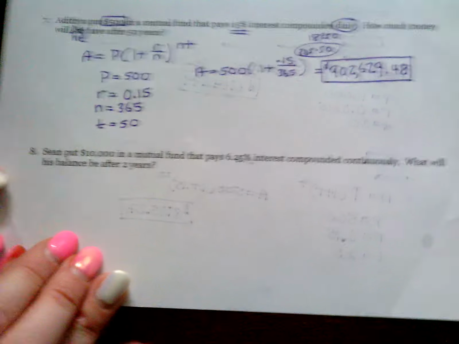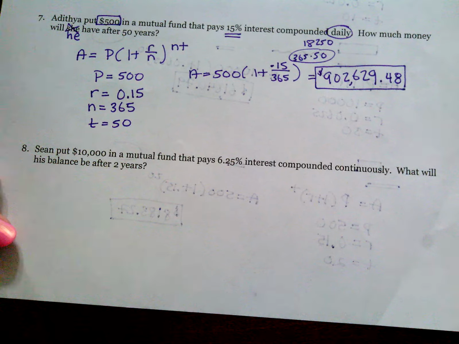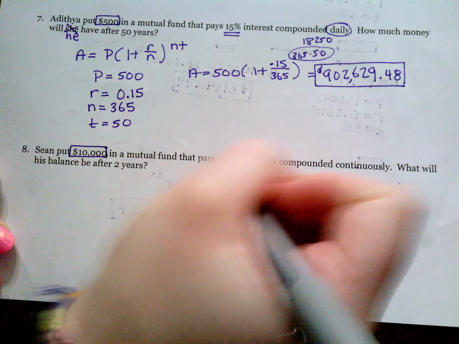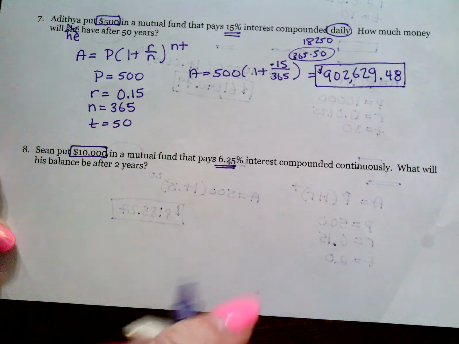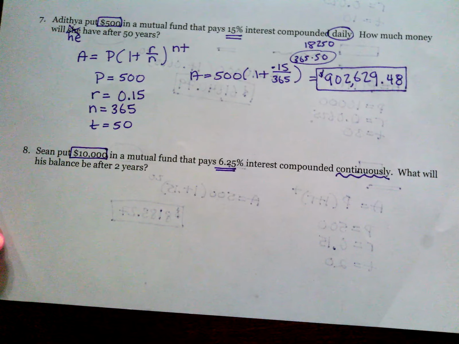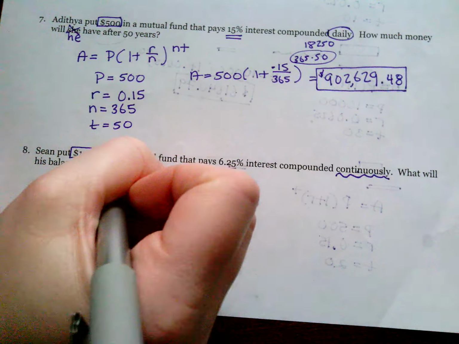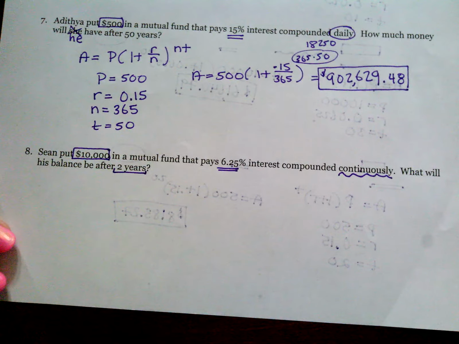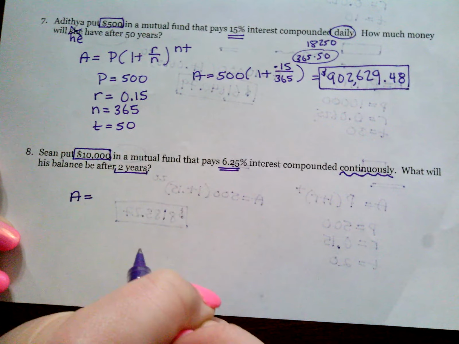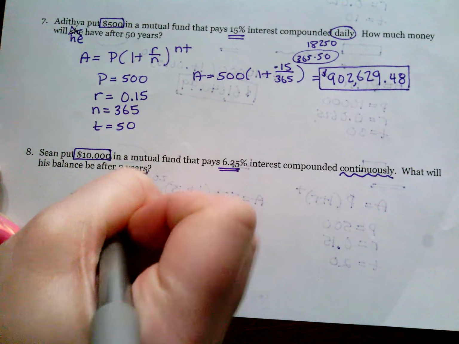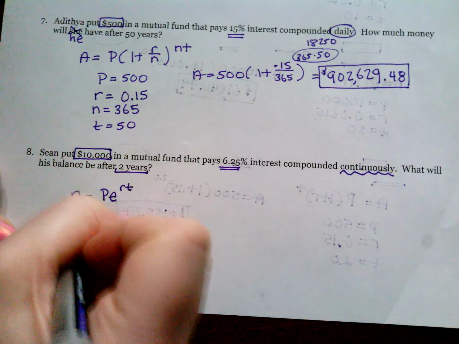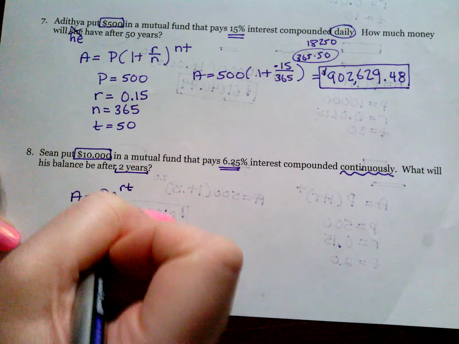So for something like this, you're going to use the continuous formula. Okay, so P, the initial amount, is 10,000. The rate is 0.0625, and the timeline we're talking about is 2 years. So A equals 10,000 e to the power of 0.0625 times 2.